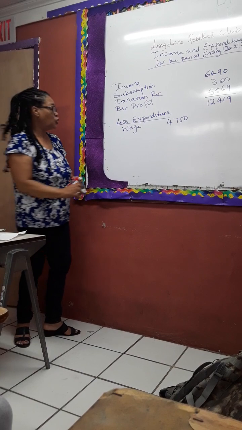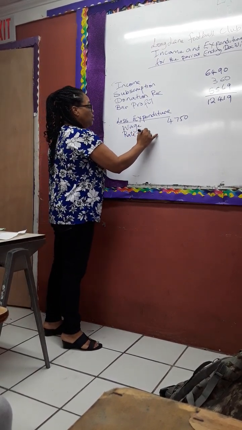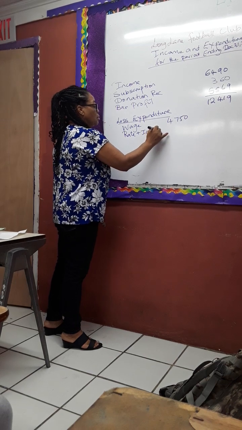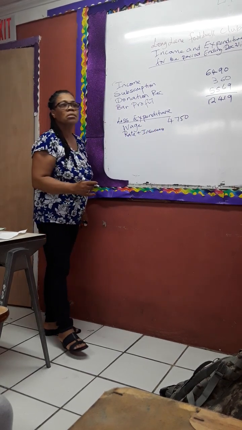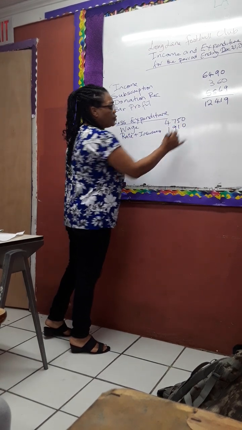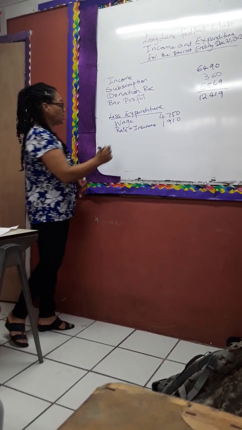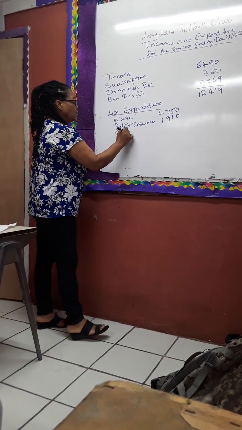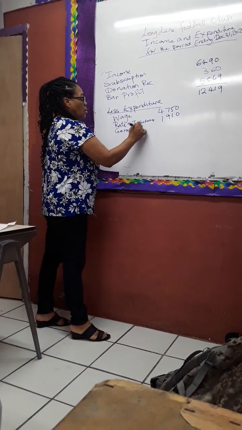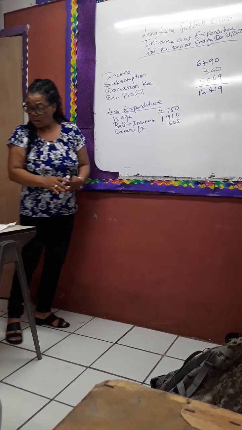I see rates and insurance. What's the figure for rates and insurance? 1,910. I see general expenses. What's the figure for general expenses? 605.